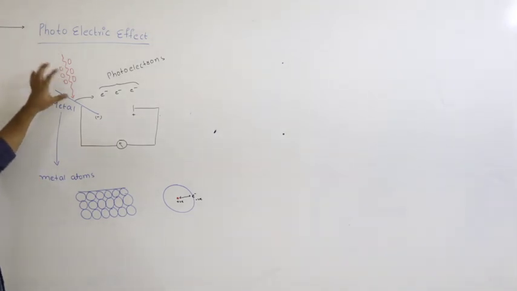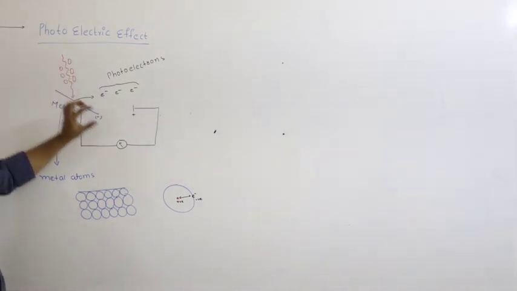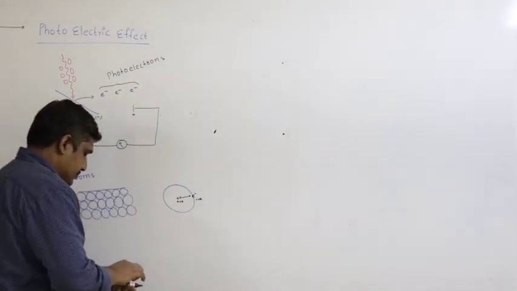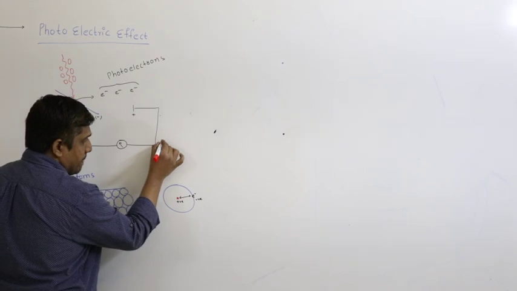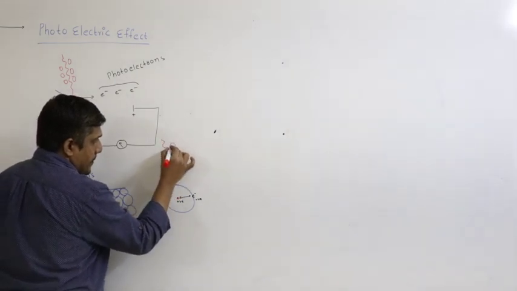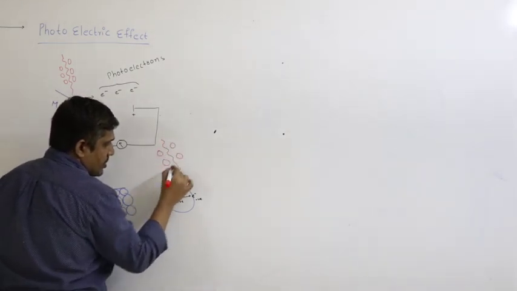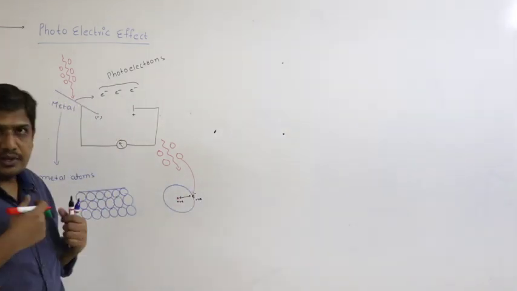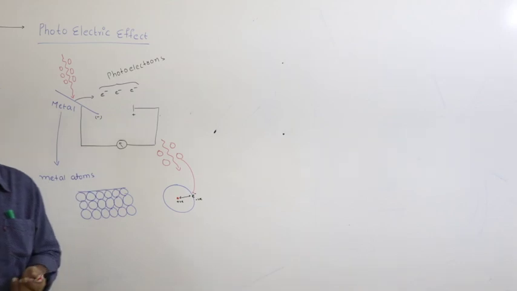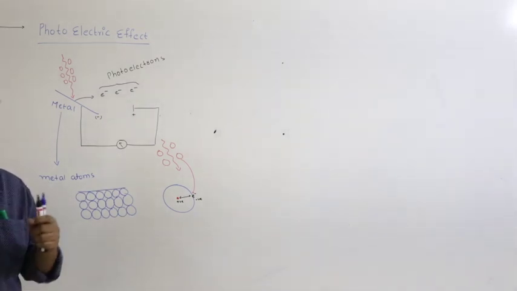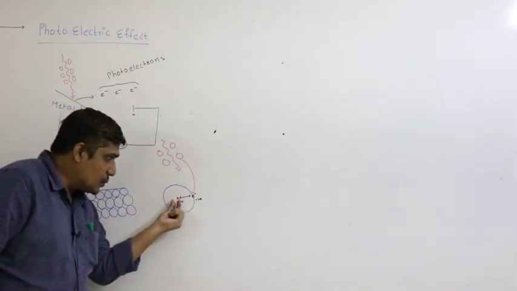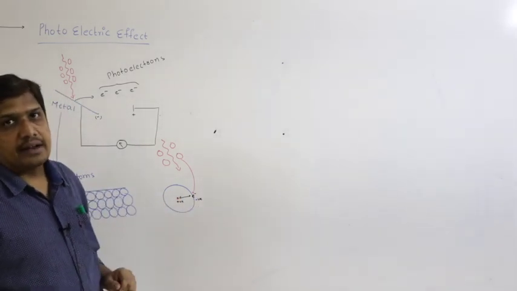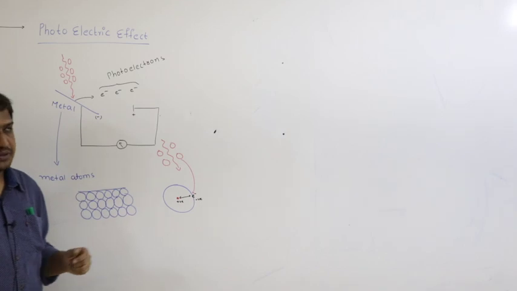So when light radiation falls, these photons are absorbed by the electron. Electron absorbs the photon, gains energy. If it gains sufficient energy to overcome the nuclear attraction, then the electron will come out from the atom, which we call ionization.